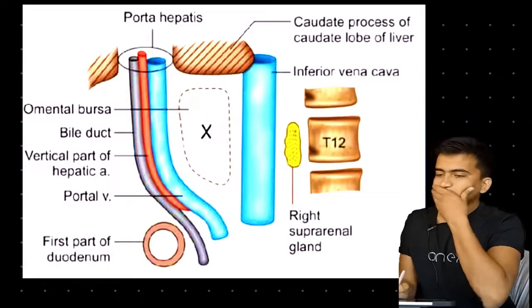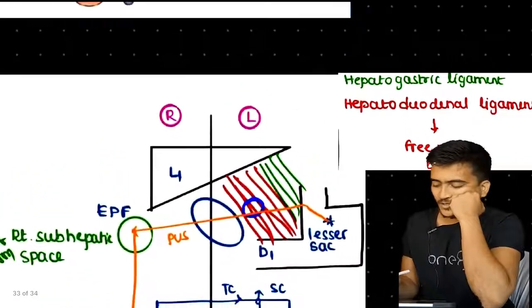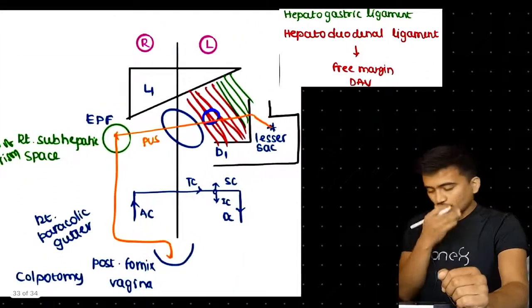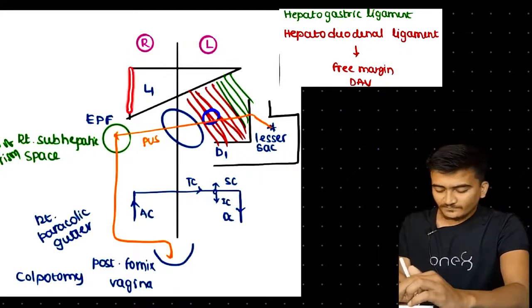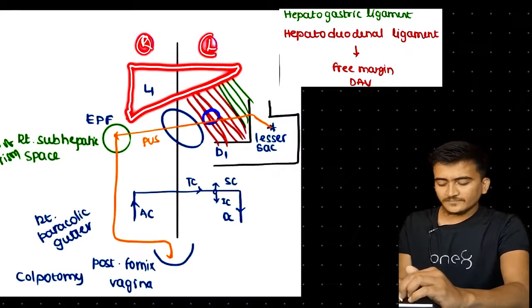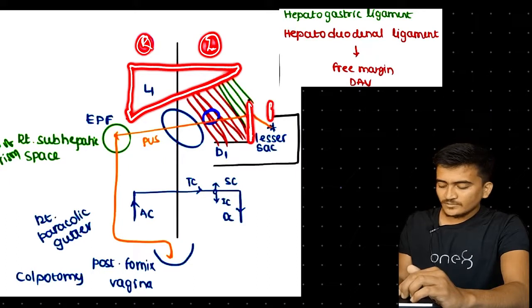Now all the things that we have discussed, we would like to discuss through this diagrammatic representation. Don't get confused. This is our liver, the right side of the liver and the left side of the liver.